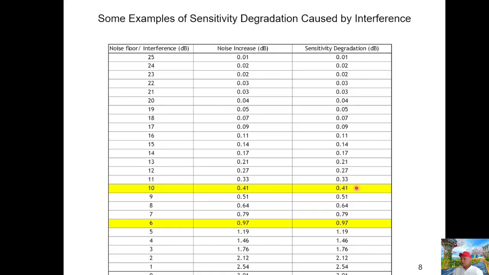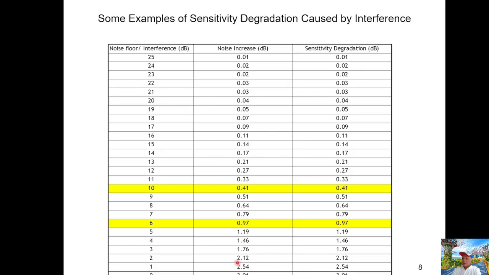So your system sensitivity, for example minus 120 dBm, now becomes minus 119.6 dBm. To maintain the same quality, you need to increase the receive power a little bit to overcome the sensitivity degradation.